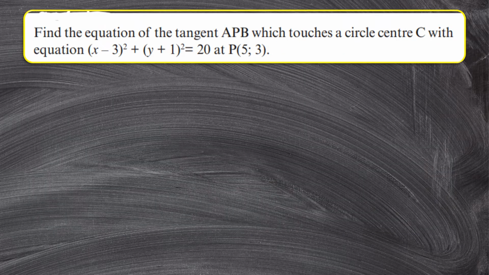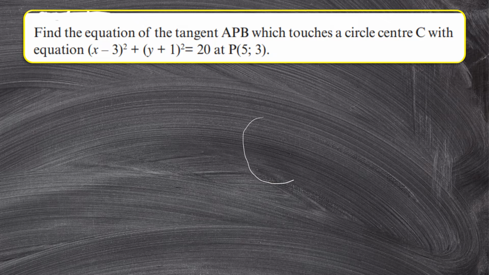All right, let's take a look at this question very quickly. They say find the equation of a tangent APB which touches the circle with center C, with an equation, there it is, (x minus 3) squared plus (y plus 1) squared is equal to 20, at point P. So they want us to determine the equation of a tangent to a circle, right?